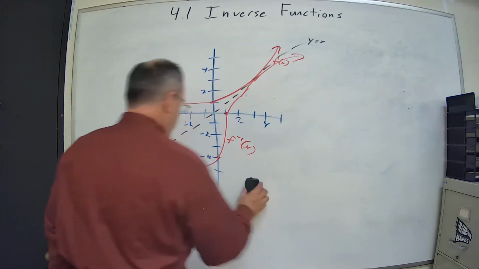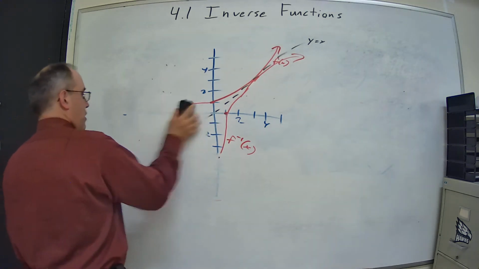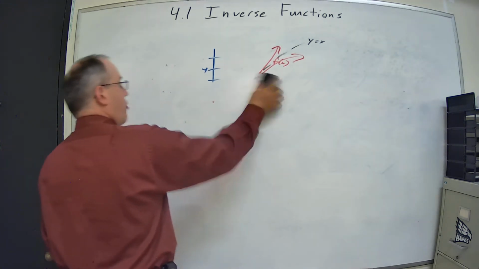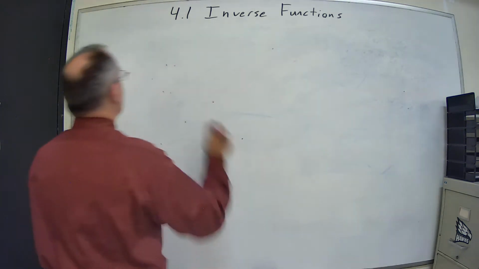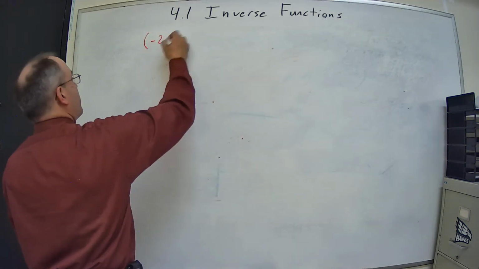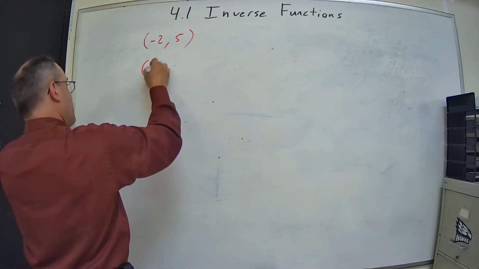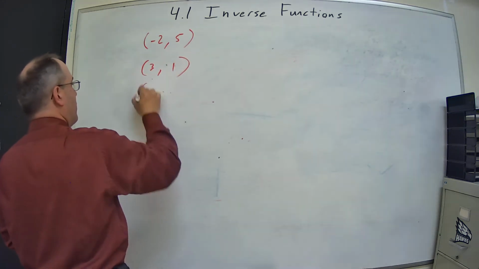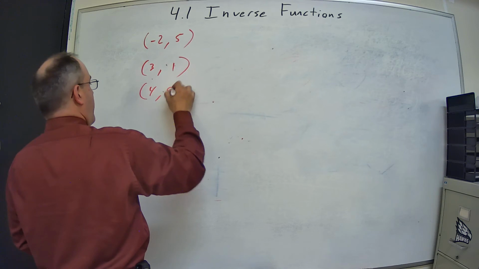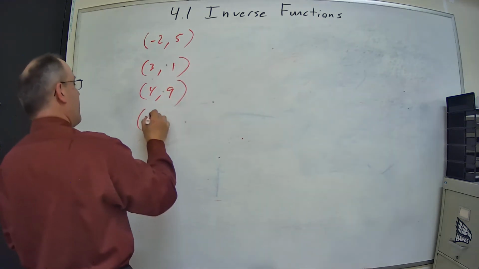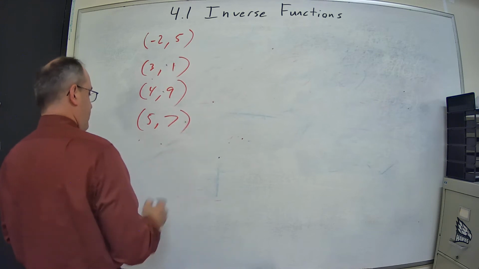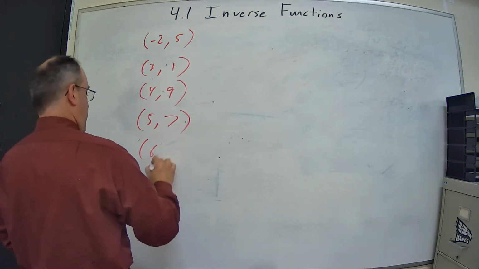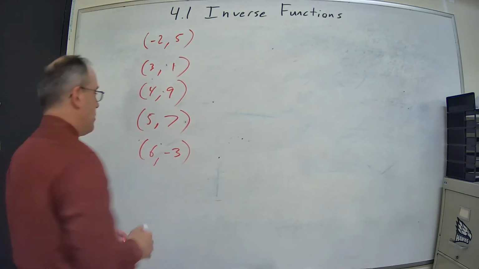So if we have a set of data points that are part of a function, -2, 5, 3, 1, 4, 9, 5, 7, and 6, -3.